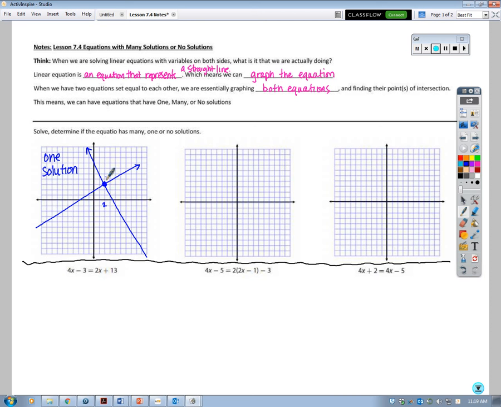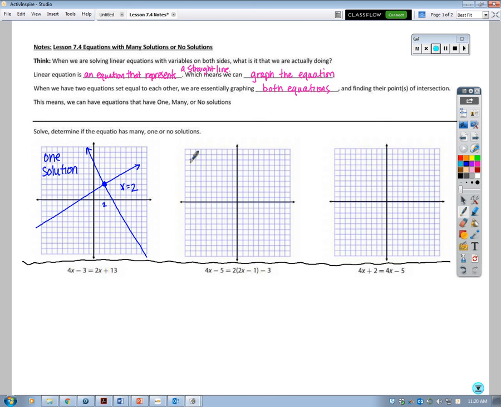So this would be x equals 2. Again, this does not represent this equation here. This is just a general example. So when I have an equation set equal to another equation, when I solve for x, I'm trying to find that point of intersection. If they have one intersection point, it is going to give you one solution.